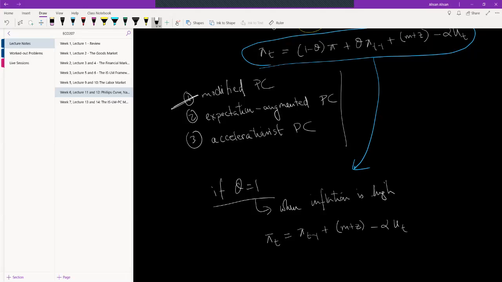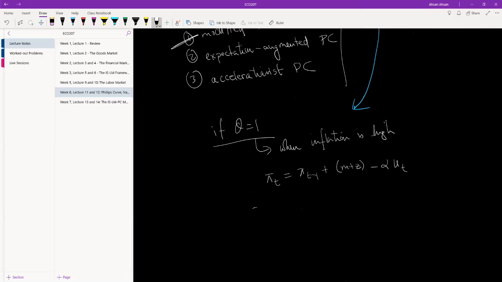And if we rearrange this a little bit, what we see is that π_t minus π_t-1, which is basically this year's inflation minus the previous year's inflation, the difference between that is equal to m plus z minus λ u_t.